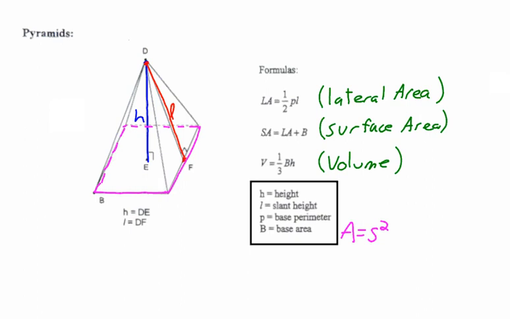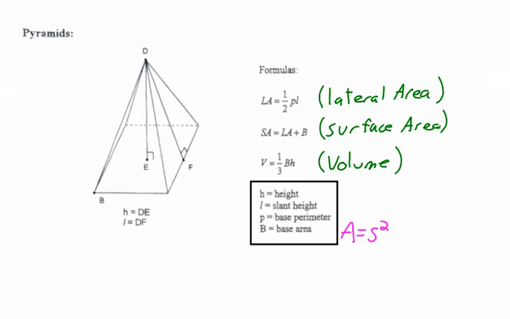All right, so let's look at these three formulas and see what each of them mean. I'm going to erase what I've drawn over here on my pyramid for now, since we've already discussed those. The first one is lateral area. What lateral area means is, what's the area of the sides of the pyramid?